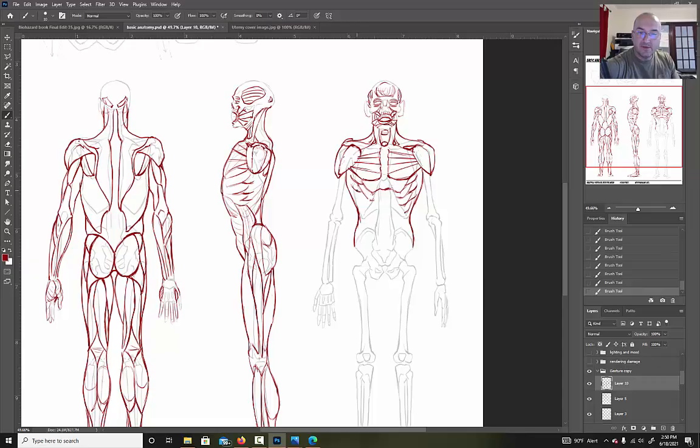A lat, and a rib, and a lat, and a rib. Bring that one down just a little bit further. Separating that, we're going to split that right down the middle, and we're going to bring in the rectus abdominis.